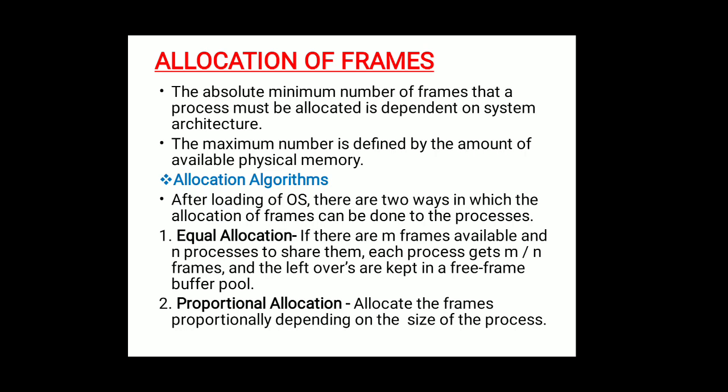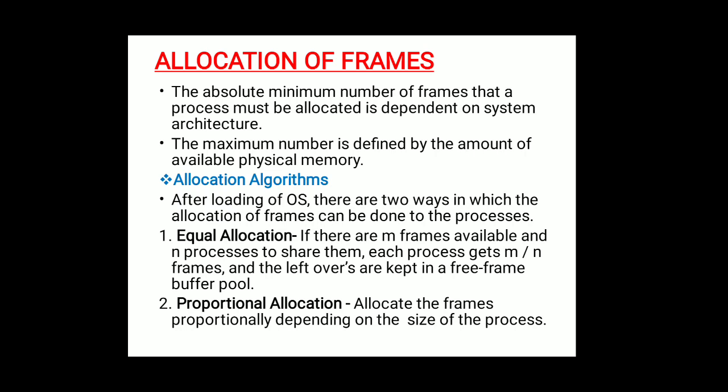Suppose there are 93 frames and there are 5 processes. So each process is going to get 18 frames. How you get 18 frames is, as I said, m divided by n is the formula. Here m means the number of frames, so the number of frames is 93, divided by the number of processes, which is 5.